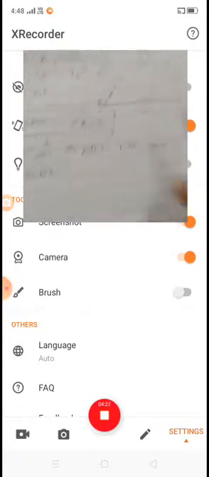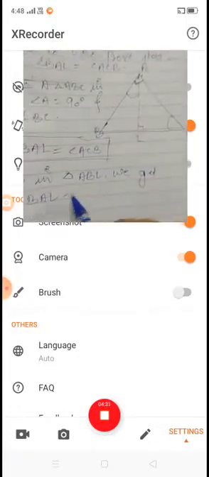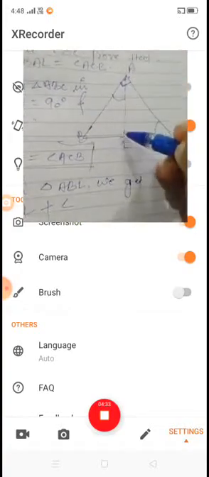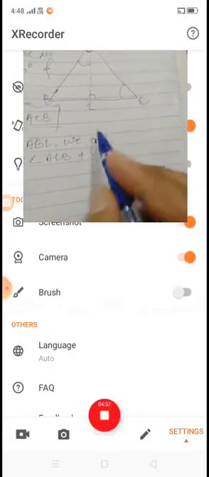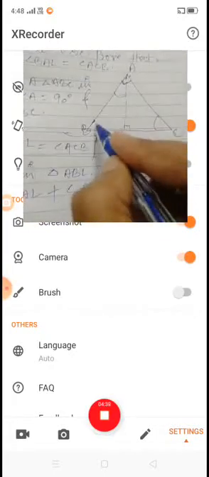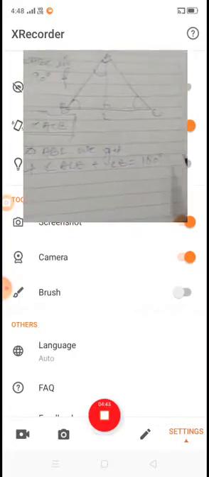So we have angle BAL plus angle ALB plus angle B is equal to 180.